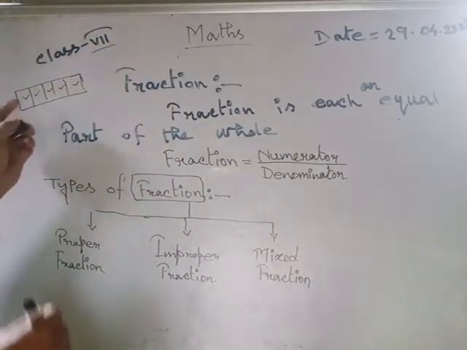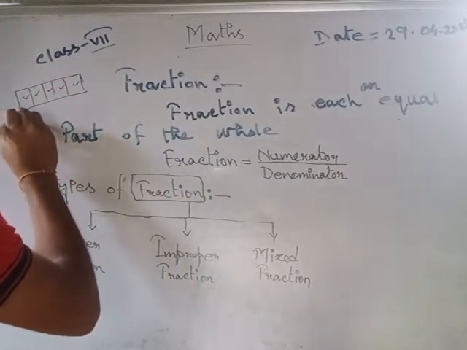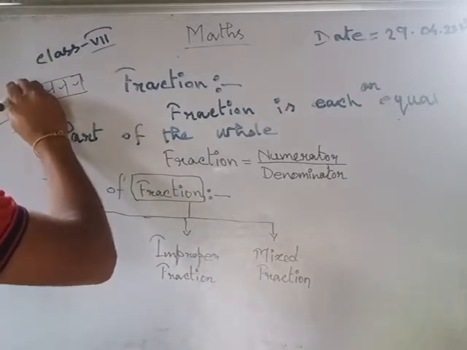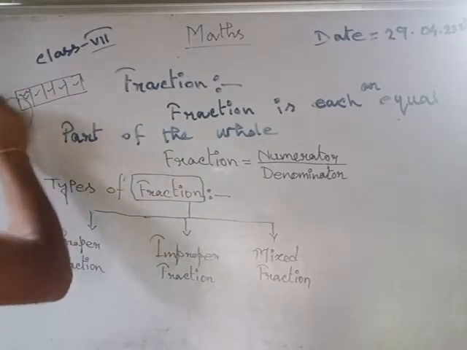Suppose here is 1, 2, 3, 4, 5. Five parts are there, so we should write 5 here. And if we mention this part particularly, this one, 1. That is called the fraction.